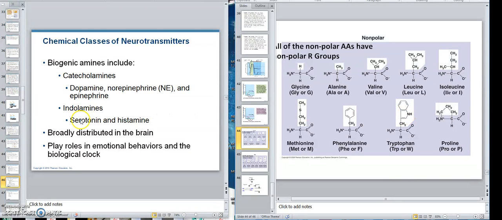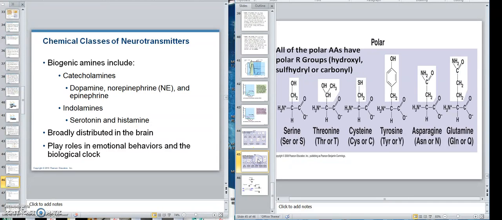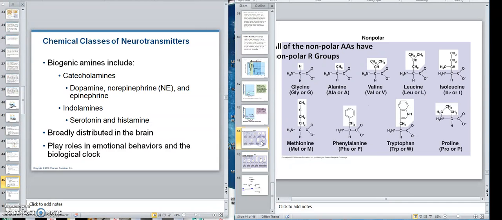So serotonin is called 5-hydroxytryptophan. 5-hydroxytryptophan is serotonin. Then histamine comes from something called histidine, but it also has this indole ring right here.